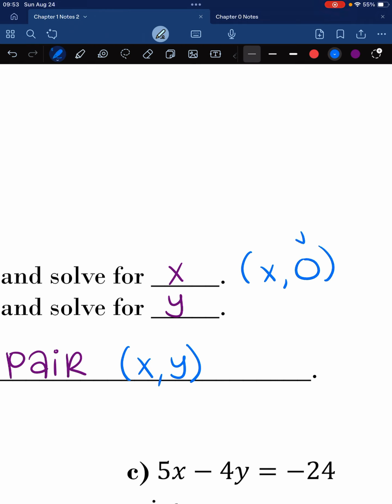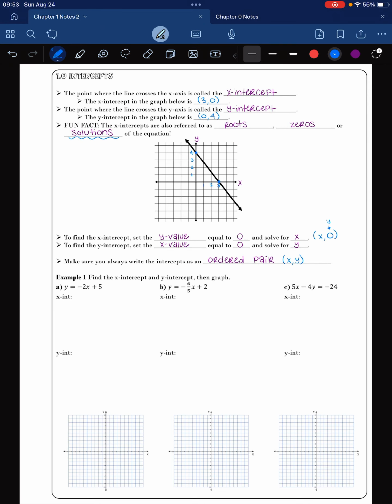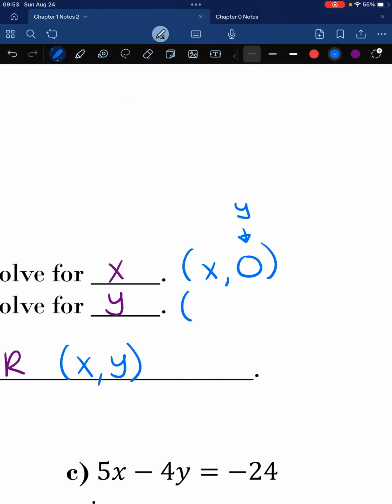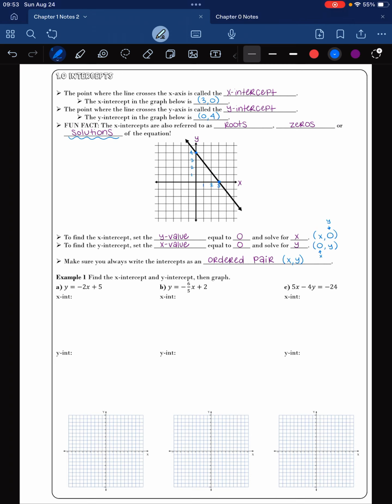So that y value is always going to be 0. Similarly, to solve for the y-intercept, we're going to set that x value equal to 0 for the same reason, because every single y-intercept is going to be (0, some y value), where that 0 is always the x. So good things to keep in mind. Nice easy tricks for finding those intercepts. So let's go ahead and start.